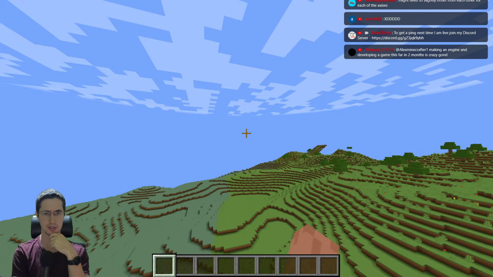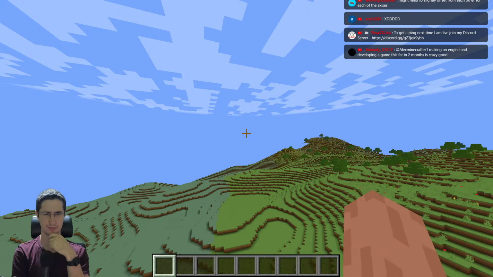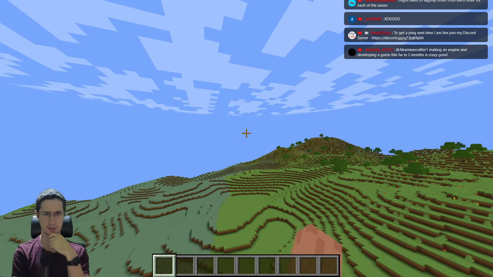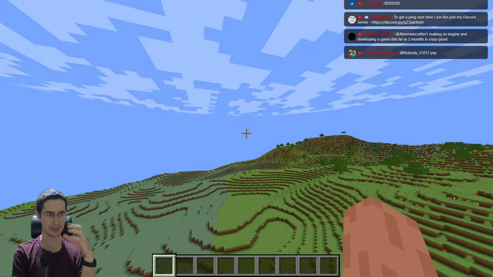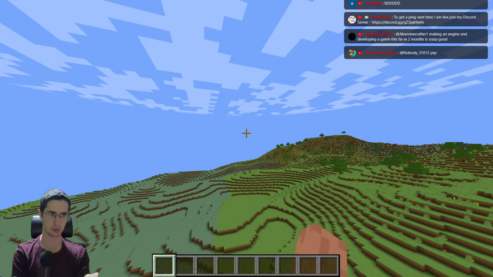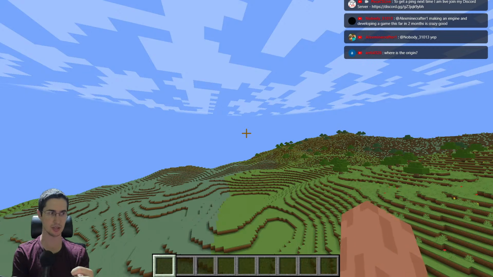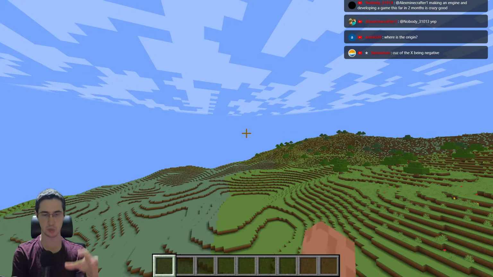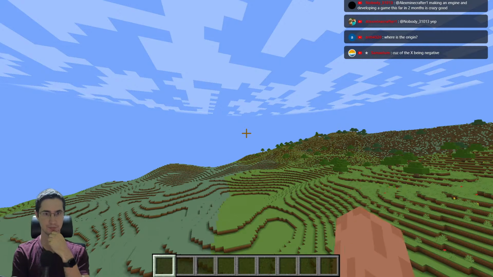Why is it going? Yeah, we may need to offset it a bit. Each individual position axis rotation was perfect, but when we combine them, it looks bad.